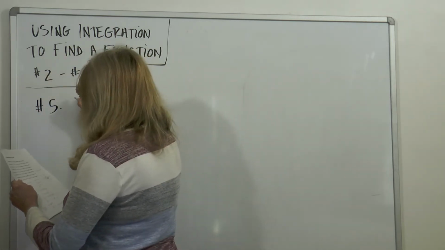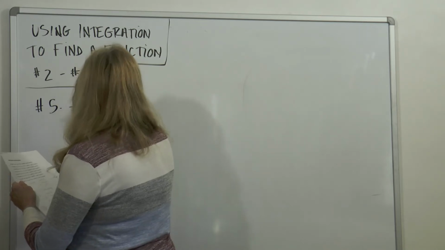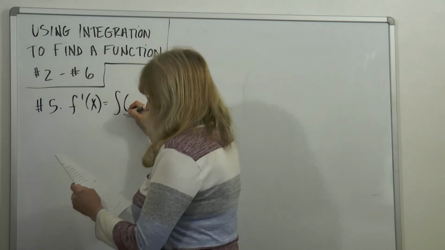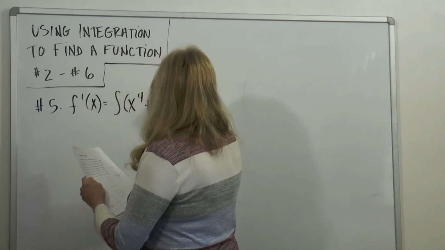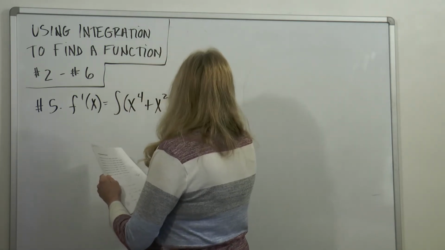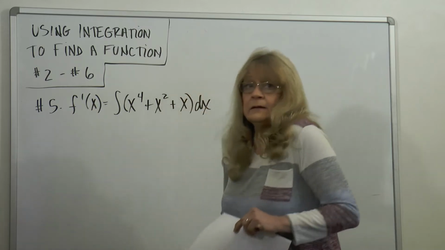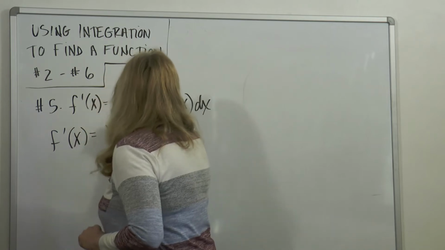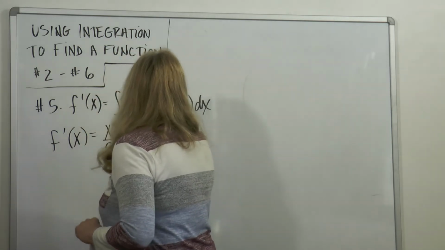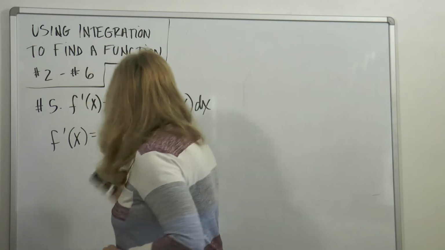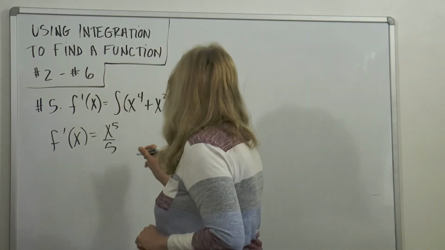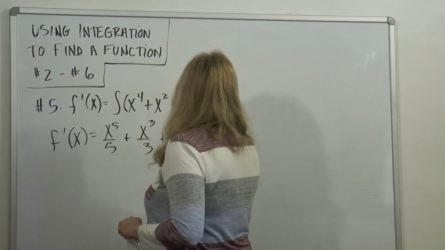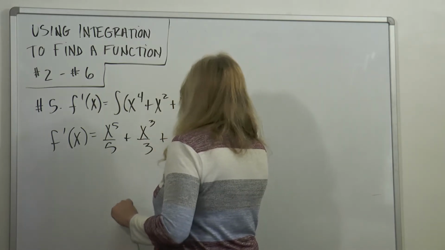Okay, so for number 5, f prime is going to be the integral of f double prime. So we have x to the 5th over 5, x to the 3rd over 3 plus x squared over 2 plus c.